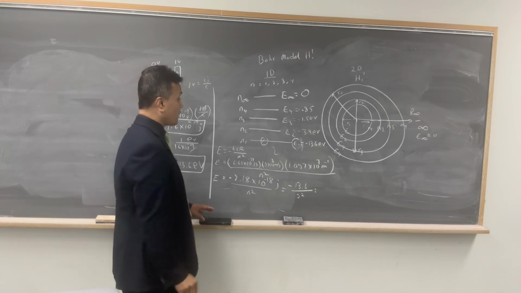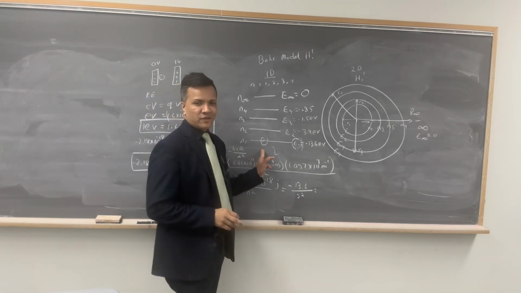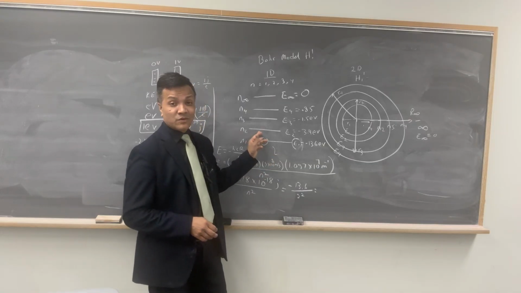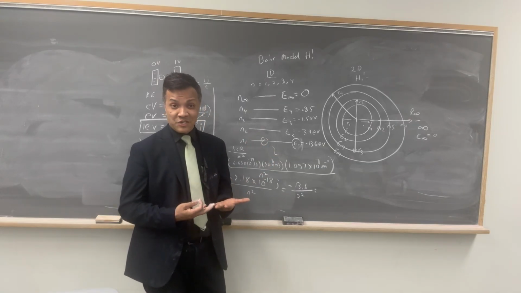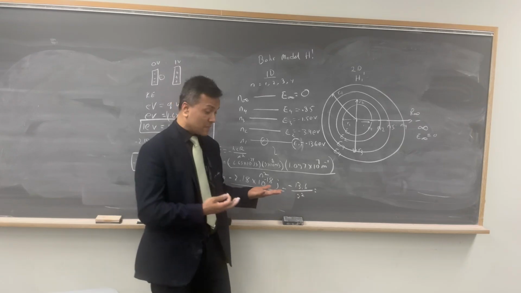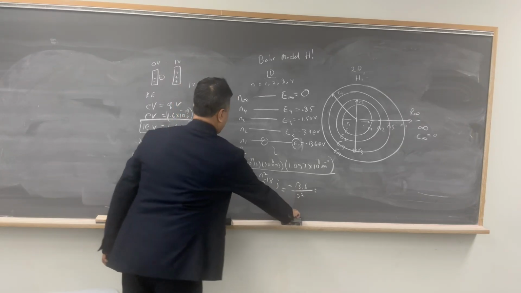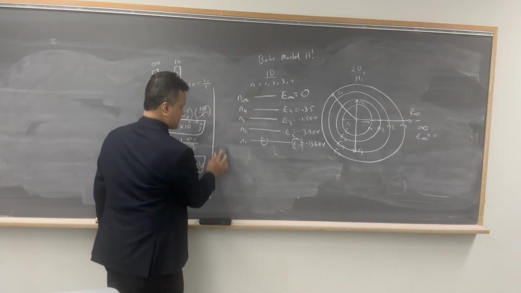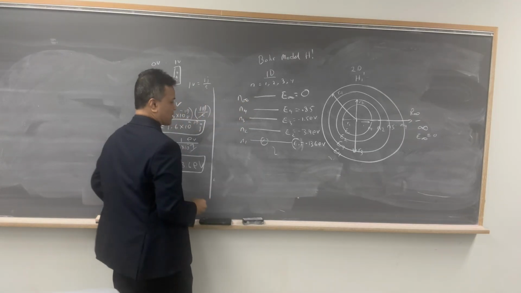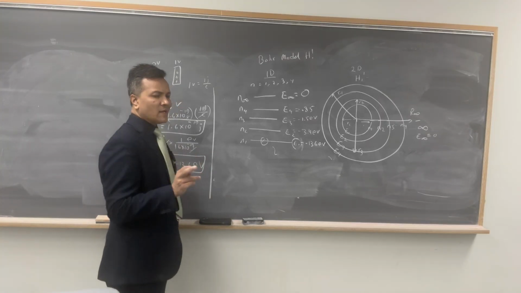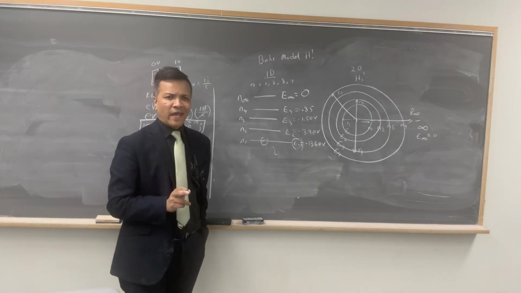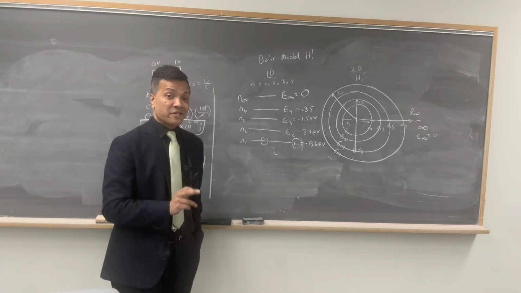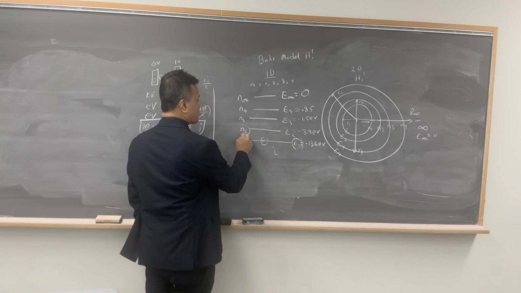Now if you are an electron at n equals 1 and you jump up to n equals 2, how much energy do you have to absorb? This is the equation. You can only jump up if you absorb the right amount of energy. And how much is the right amount if you want to jump to n2?